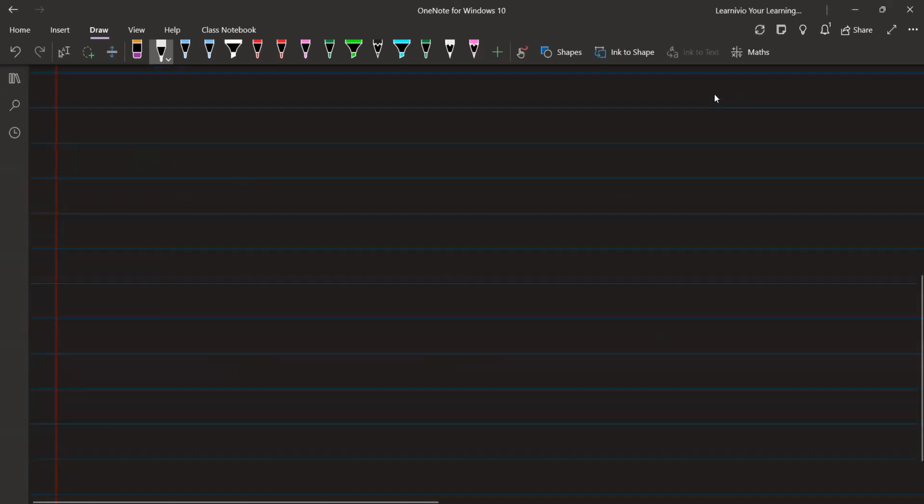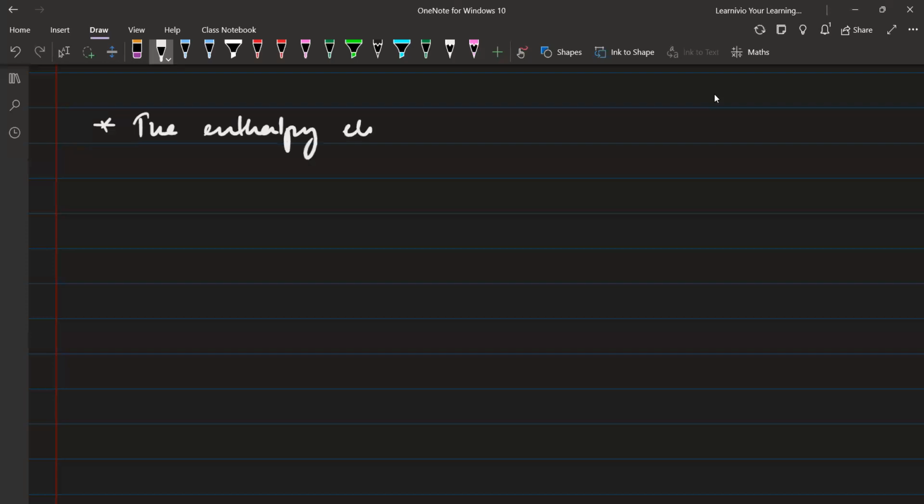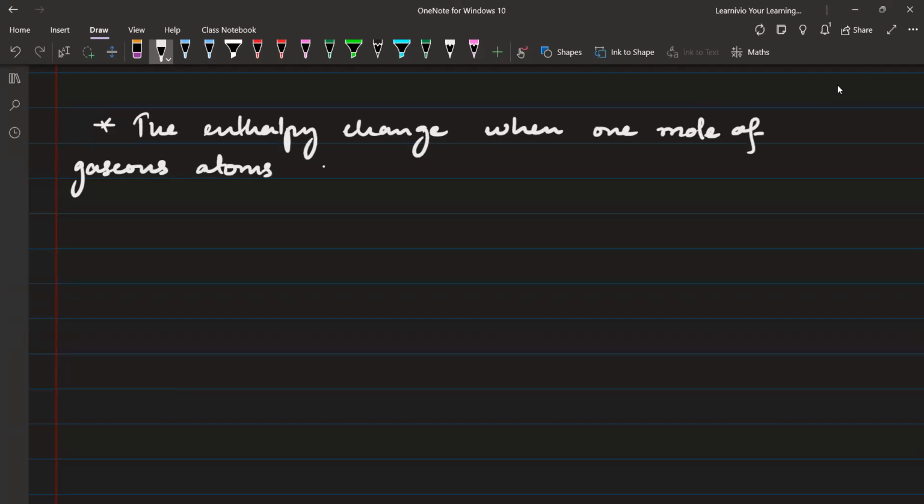Okay, so what is first of all electron gain enthalpy? The enthalpy change when 1 mole of gaseous atom is converted to gaseous anion.